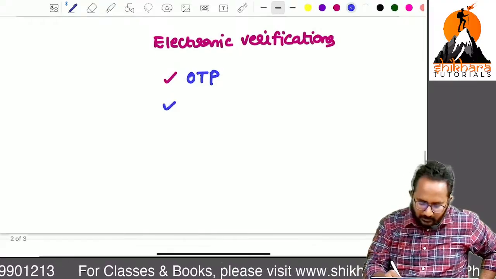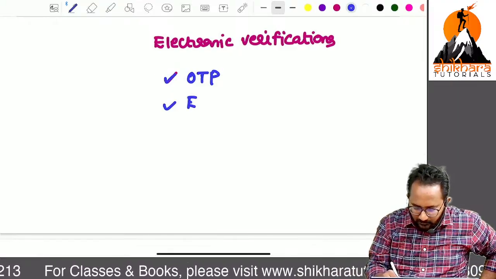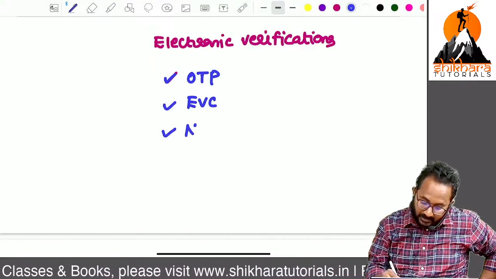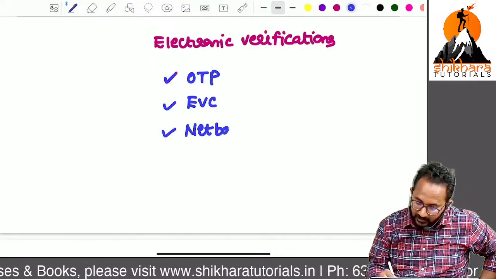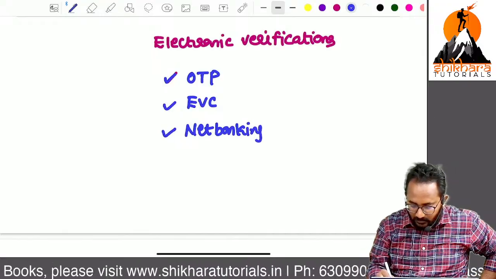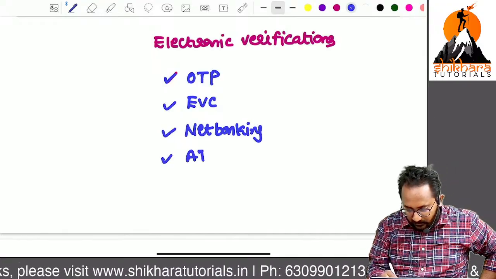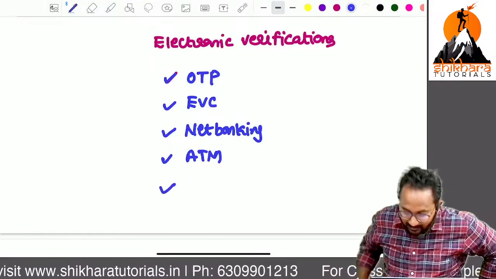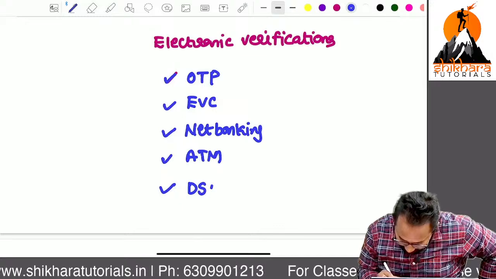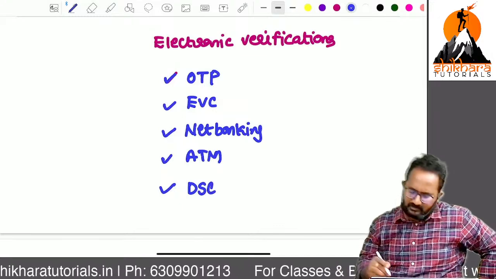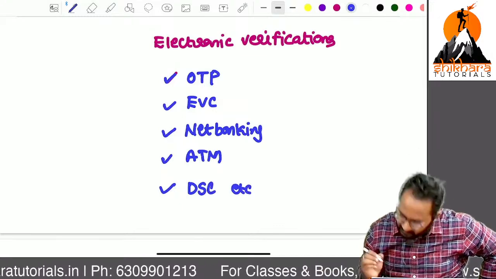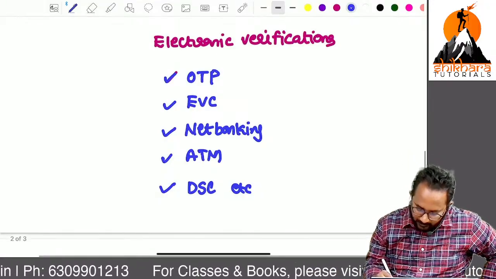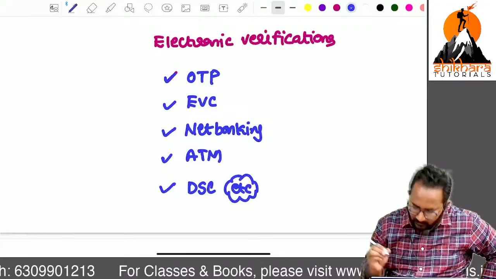Many modes are available, as prescribed in the rules.